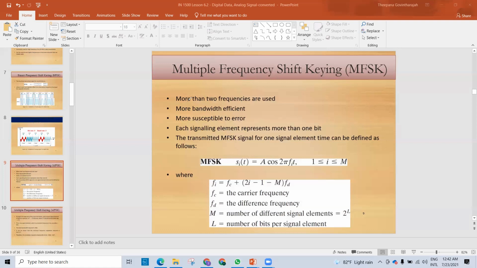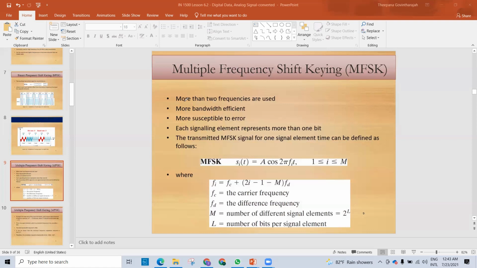to error, because as we already know, when we represent by more than two frequencies, for example, one wave is transmitted in BFSK, that is 900 Hz and 1100 Hz.